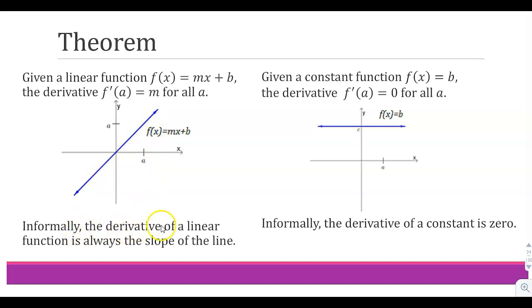So informally, the derivative of a linear function is always the slope of the line. So a constant function, f of x equals b, has derivative f prime of a equals 0. The slope is 0 for all values of a that we choose. So informally, the derivative of a constant is 0.